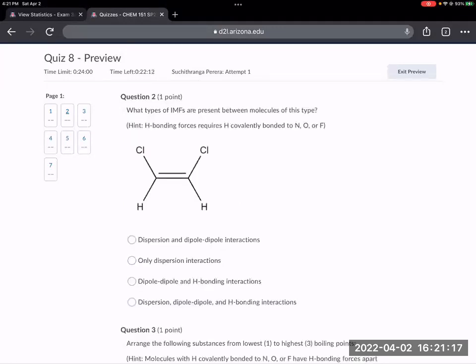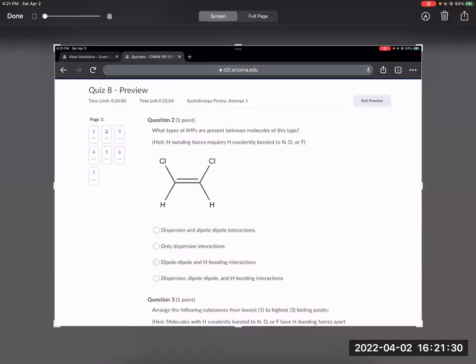Question 2, what types of intermolecular forces are possible between molecules of this type? To tackle this problem, we need to know what each type of intermolecular force depends on.